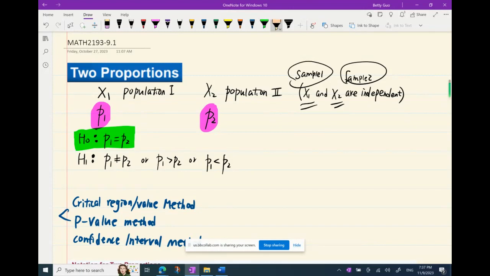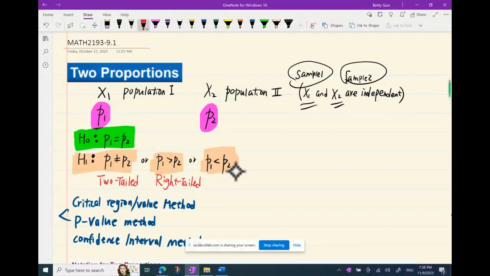And the alternative could be any one of the 3. It could be P1 not equal to P2, P1 bigger than P2, or P1 less than P2. It depends on the question. If the alternative is P1 not equal to P2, then we have a two-tailed test. If the alternative is P1 bigger than P2, then we have a right-tailed test.